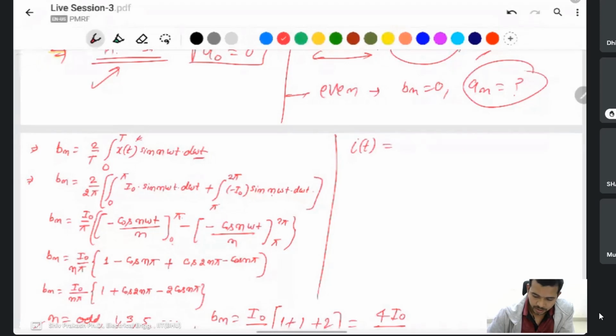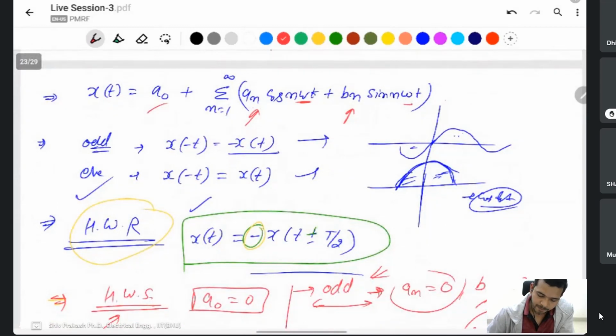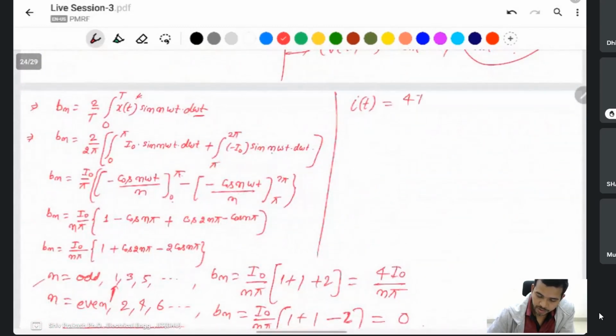For i(t), same thing, Fourier analysis. A naught is 0, An is also 0, only Bn is present, Bn sin nωt, and Bn is, as you know, 4 I naught divided by nπ, times sin nωt.